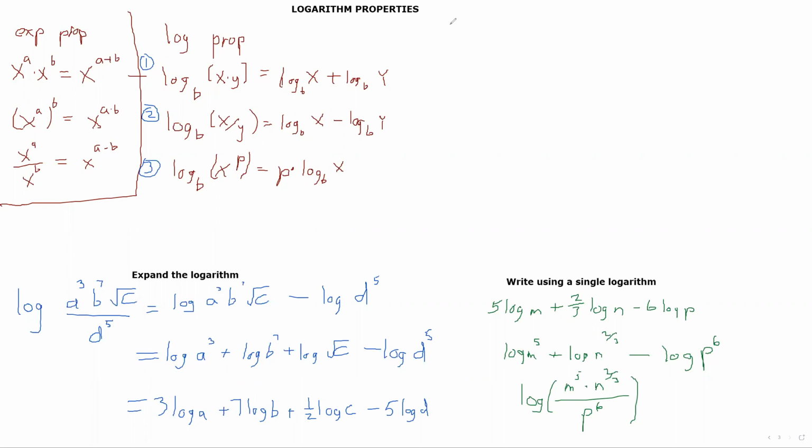So I'm going to say that ln of 2 is approximately 0.7. ln of 3 is approximately 1.1. And ln of 5 is approximately 1.6. Now, I'm going to ask you without a calculator to tell me what ln of 6 is.